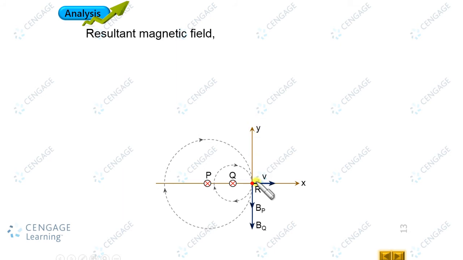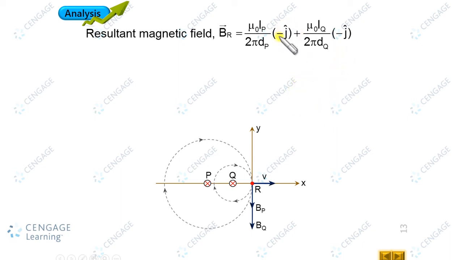So the magnetic field direction should be minus j cap. So here we can write mu naught IP, IP is the current in this, divided by 2 pi dP and minus j cap. And the magnetic field because of this is equal to mu naught IQ, IQ is the current in this, divided by 2 pi dQ and minus j cap, of course, for the direction.